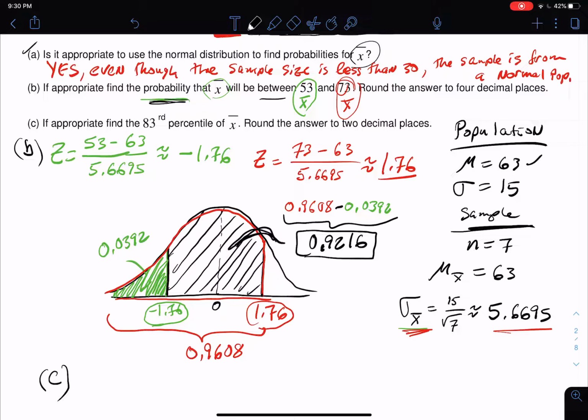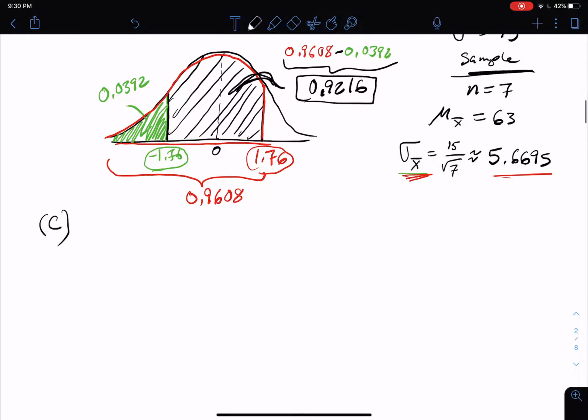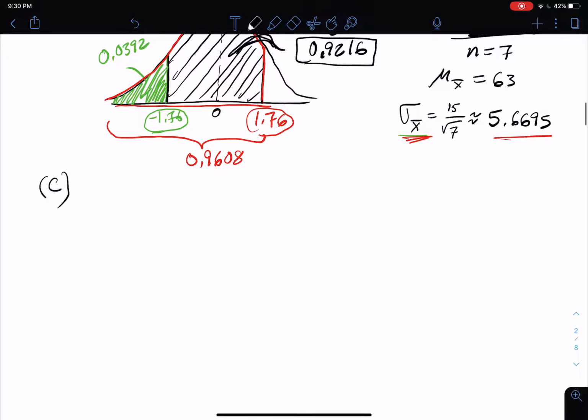Anyhow, finally, if appropriate, and it is appropriate because we're drawing from a normal population, so it's okay that our sample size is tiny, we're looking for the 83rd percentile. So just like before, there's my standard normal curve.